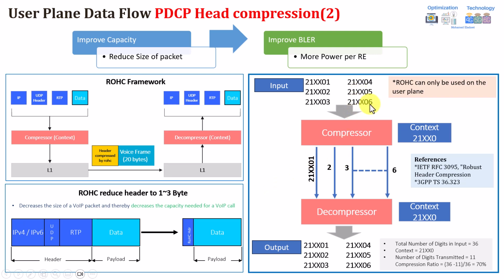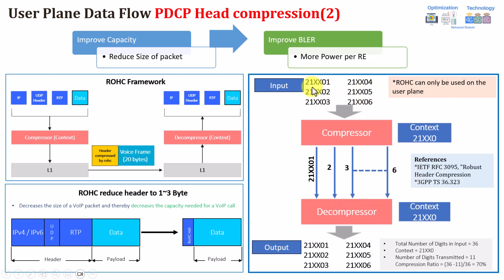And just as a high-level idea, here is how this works. Initially, the transmitter has bits, assume 21XX01, 21XX02. The compressor, or transmitter, will understand that there is a context here that can be removed. For example, it will take out the bits 21XX. This will be the context, and it will just transmit the last bits, which are 1, 2, 3, 4, 5, 6. This is how it's decompressed.